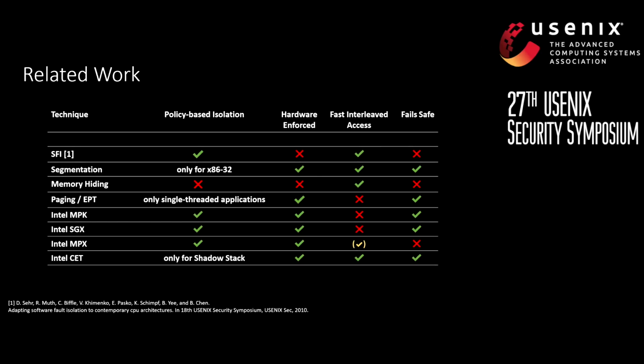So what's the current state of the art in memory isolation? We have software fault isolation, which the previous speaker mentioned, which is pure software most of the time. We used to have segmentation, which we don't have anymore, and sorry for this, but I think it won't come back.